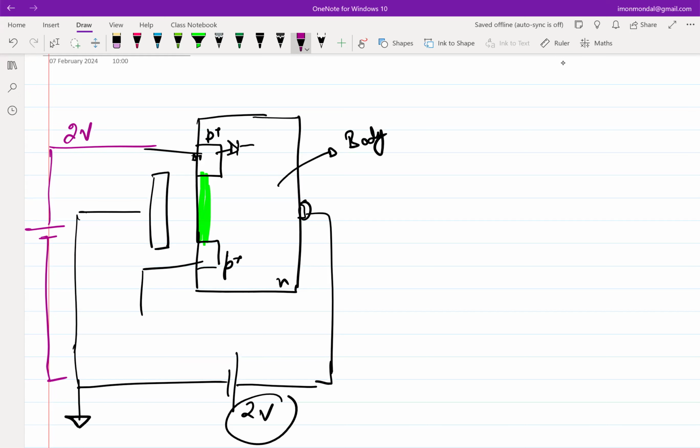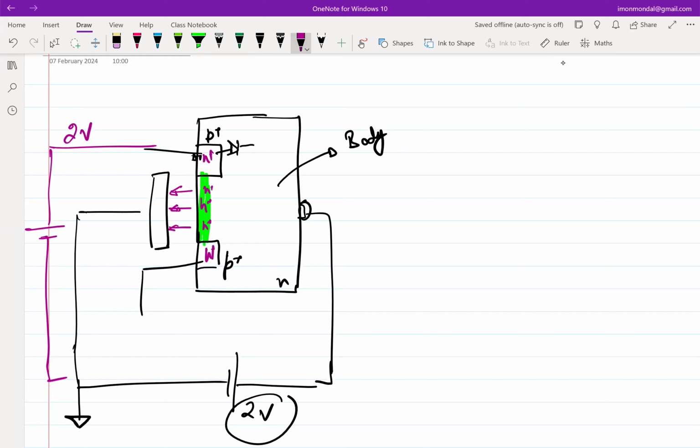Fine. So if I draw the analogy between the flow of water from top to bottom and relate it to this structure, essentially what we are getting at is that you have holes here, and if you have sufficient electric field in this direction, you will have holes here also, right?